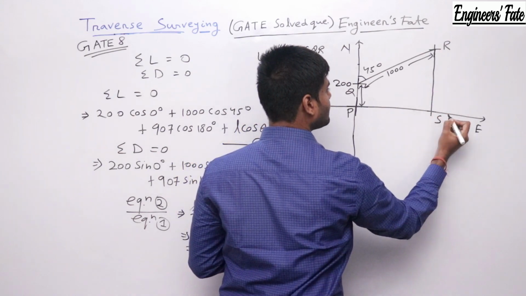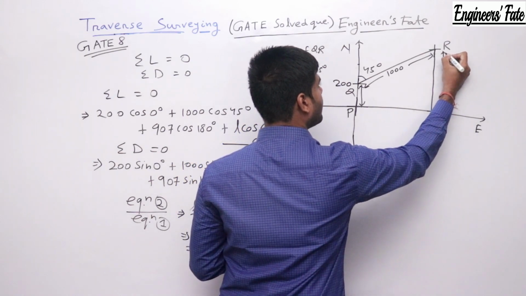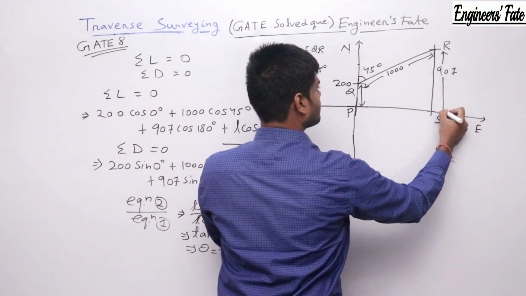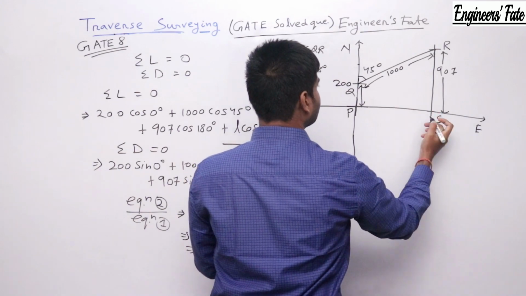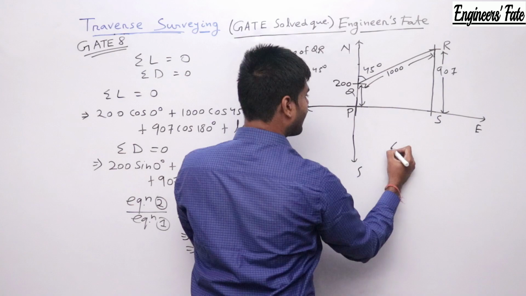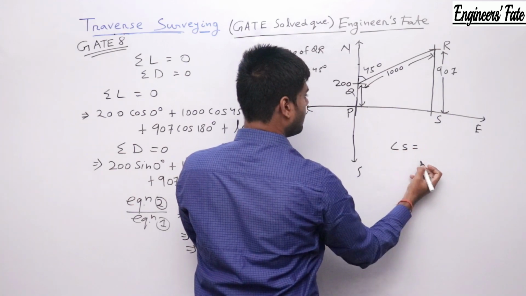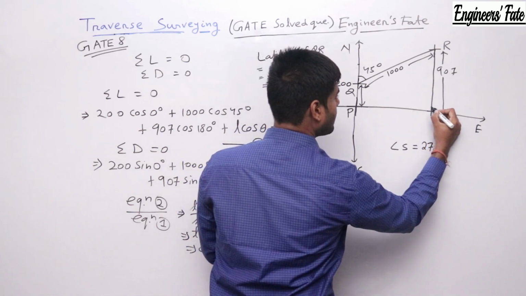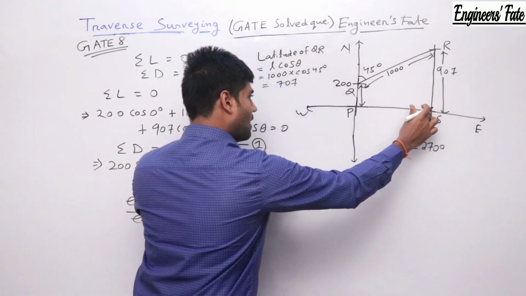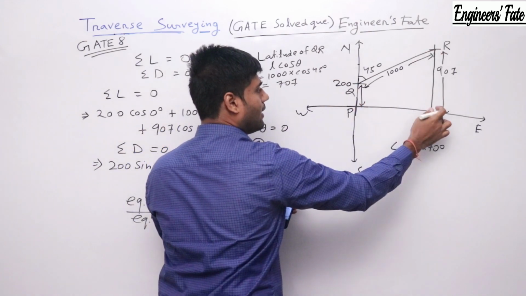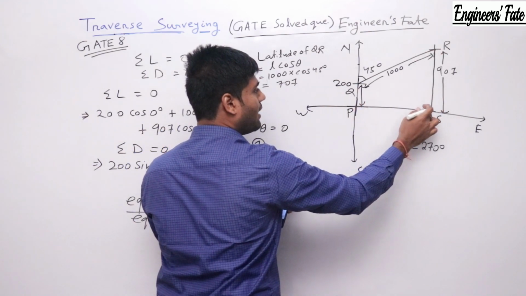So this is my S, this is my R. And then SP, the bearing of S will be 270 degree. Now the closing traverse will be S to P. R and S, now the last line should be S and P.